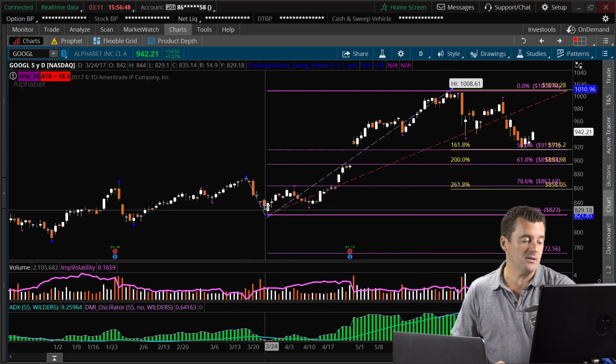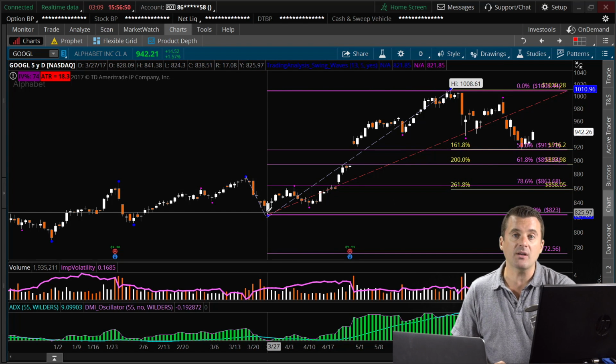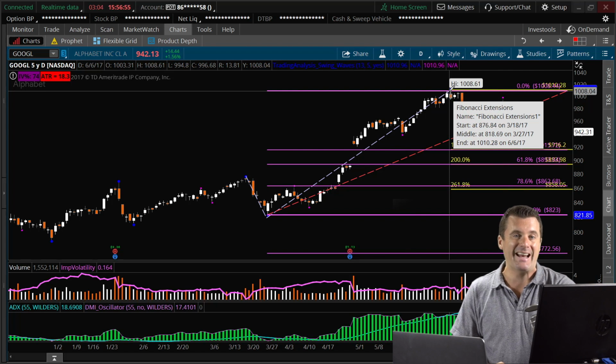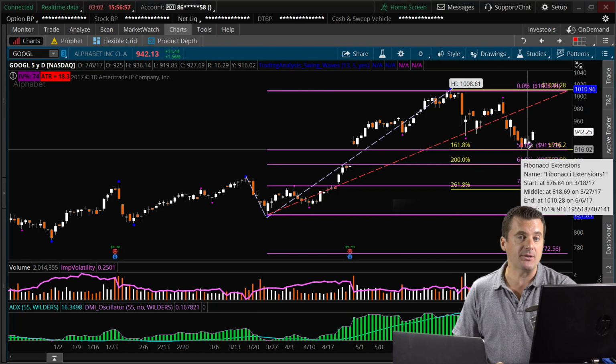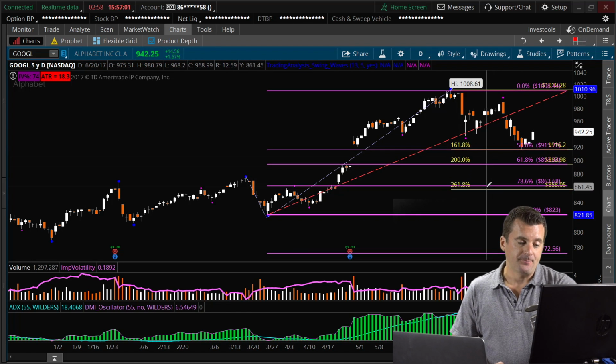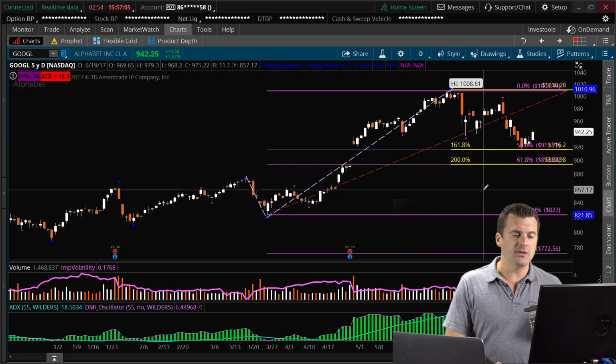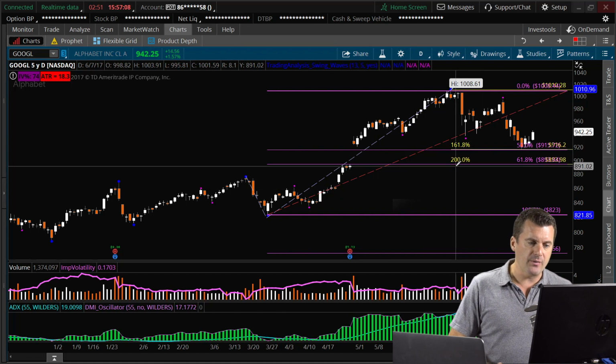So take this distance, let's call it $50, multiply it by 1.618, whatever that is, projected off from the 1008 high in Google, 161%, that's your golden ratio. That was the low. Okay, and now let me just get rid of these other ones. It's important to get rid of Fibs, because otherwise your charts can get very cluttered very fast.